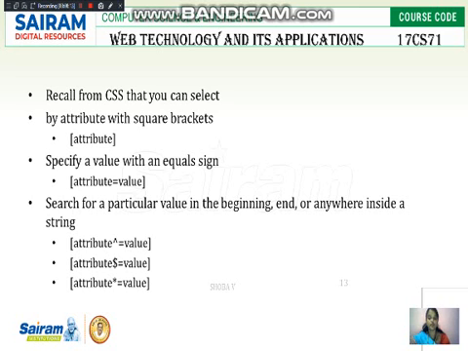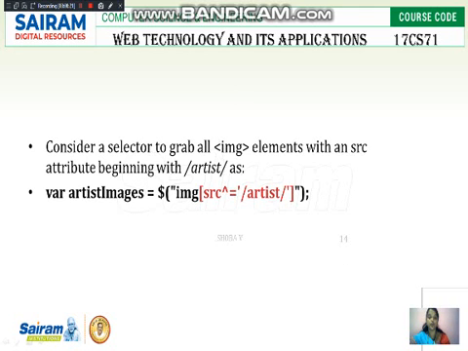You can use attribute caret equal to value, dollar equal to value, and star equal to value. So consider a selector to grab all your image elements with the src attribute. You can use this syntax: var artistImages equals dollar of this function.